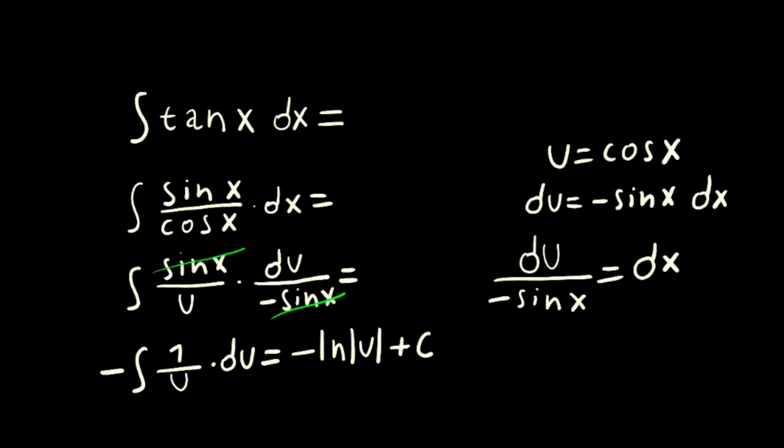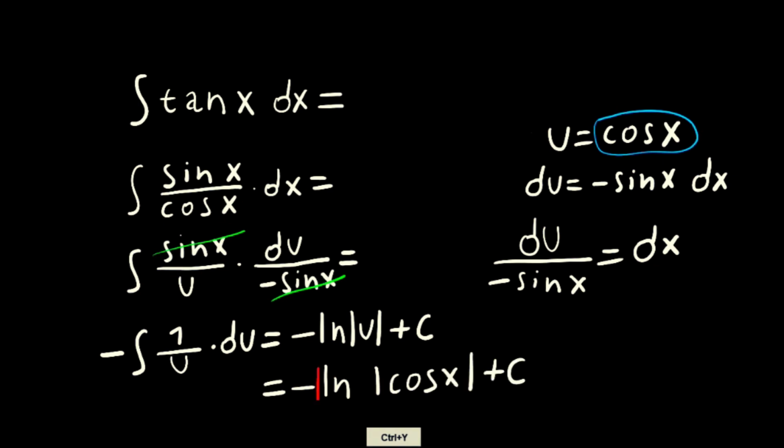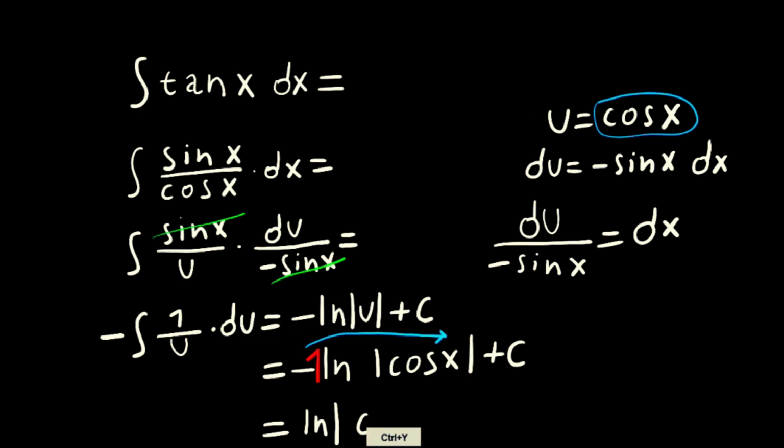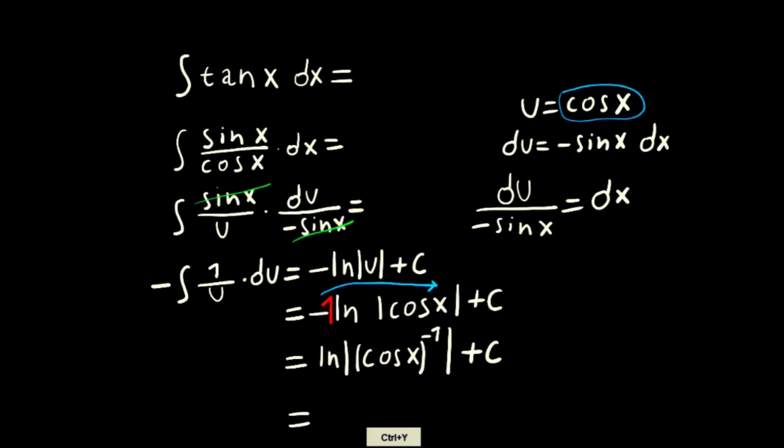Now, we can replace the u variable with cosine. So, we now have negative ln cosine x. Now, there's a negative 1 in front of here. A property of natural logs allows you to take the coefficient and move it inside of ln. So this is going to be ln cosine x to the negative 1 power plus c, which is the same as ln 1 divided by cosine x.